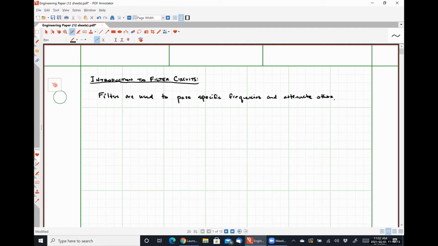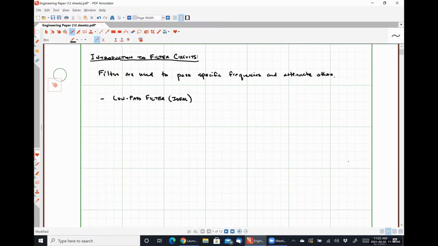So let's start with a simple low pass filter. We're going to consider an ideal case, which we literally cannot build, but it's going to be informative as to what we should expect our behavior to be. We're also going to be dealing with the constraint that we have a passive filter, meaning that our output signal can never be larger than our input signal.